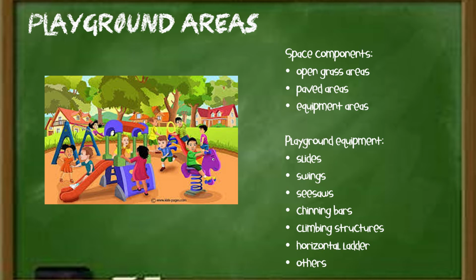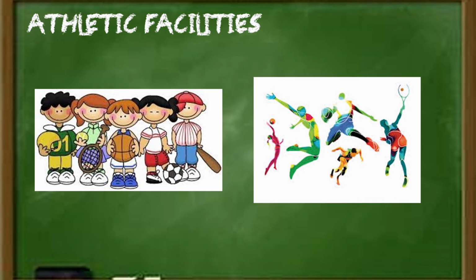The equipment area shall be provided with the following playground apparatuses like slides, swings, seesaws, turning bars, climbing structures, and horizontal ladder. For athletic facilities, the manual has provided basic requirements, but I will not get into the specific details.